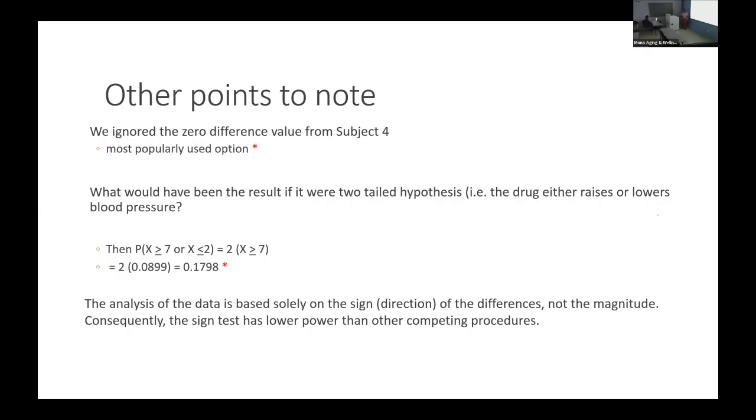So if you have 1 zero, go ahead, throw it out and life should be fine. If you have an even number of zeros, what they say is to randomly assign the zeros to negative or positive. If you have an odd number of zeros, you can drop 1, so delete 1, ignore 1, and then randomly assign the rest to negative or positive. So that's how some people think of it. They don't really like to just throw them out, but in many cases, they really just throw them out and reduce the sample size.